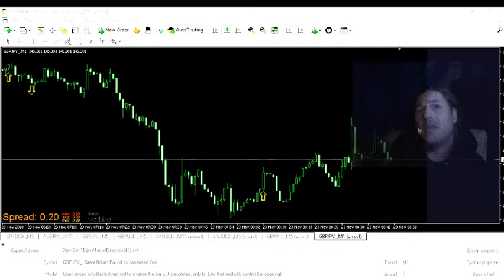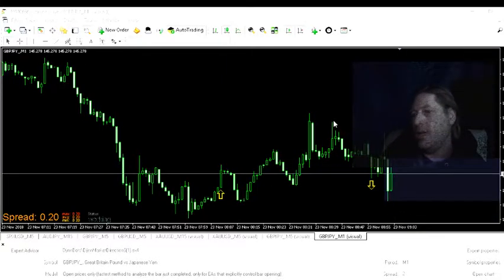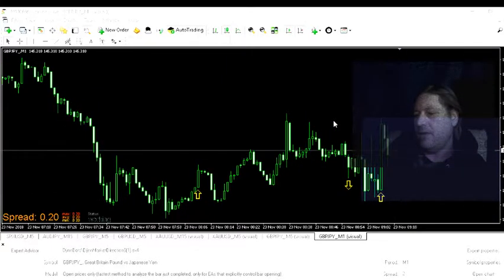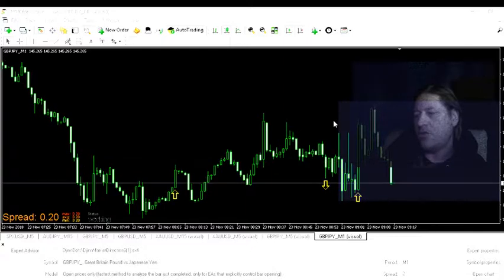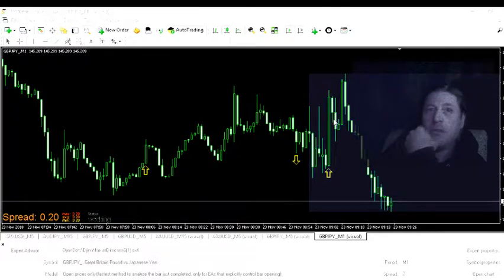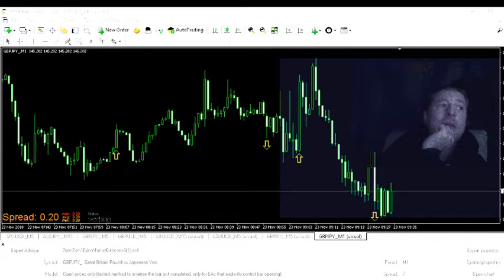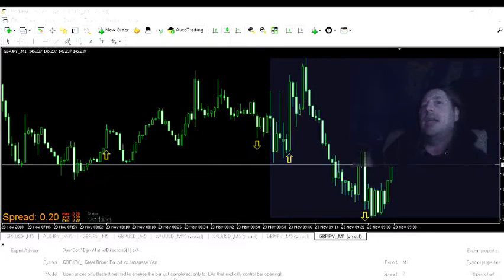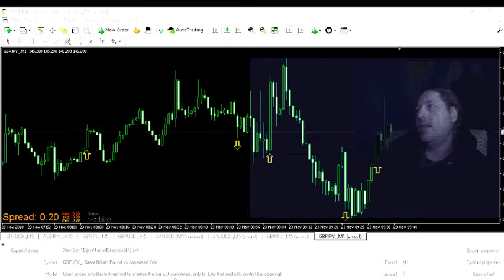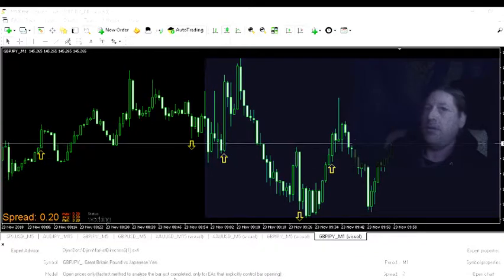So let's talk about stop losses. Here's the problem. If you've ever tried to make a trading robot, you've probably figured out the entry's easy. It's the stop that is where you get messed up. You can sit there and say, well, I'll just increase my stop, I'll do this, I'll do that.